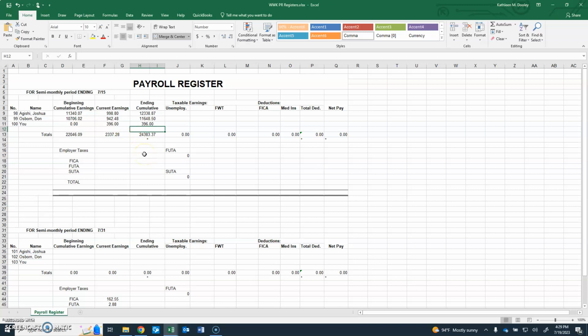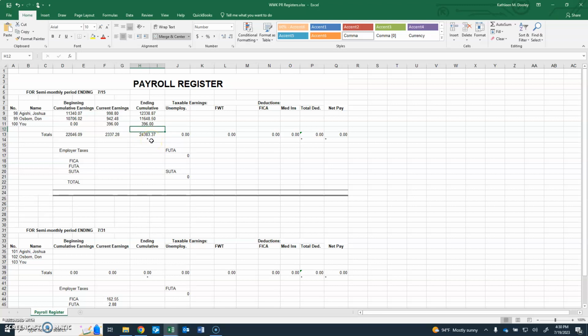Okay? Now, you want to make sure I have an asterisk under here, okay, that's letting you know that you need to crossfoot this column. So in other words, the total of the beginning cumulative earnings plus the total of the current earnings needs to equal this ending cumulative earnings.